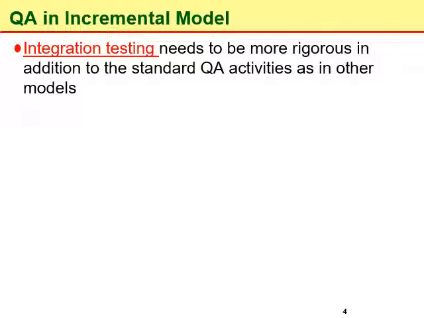However, it is important to note that at the end of each iteration, the newly developed parts of the system need to be integrated with the existing, already developed components of the increments. Therefore, integration testing is very important here to make sure that different parts can interoperate correctly to fulfill the required functionalities together.